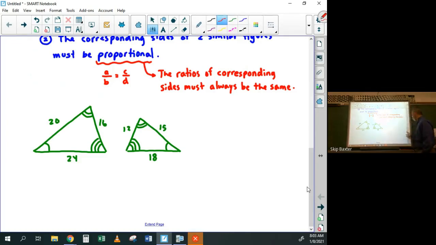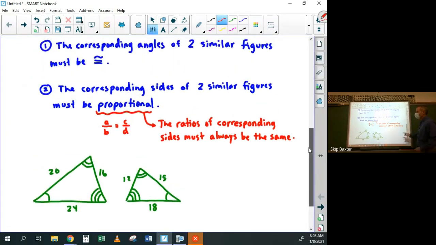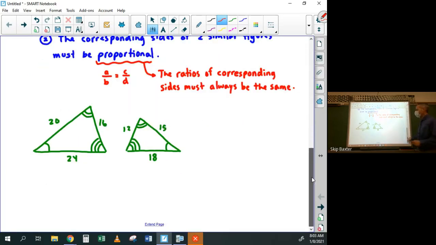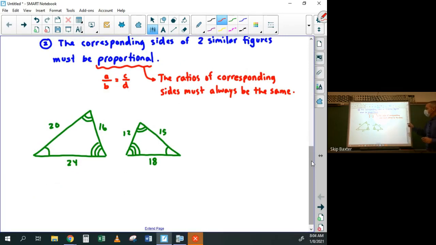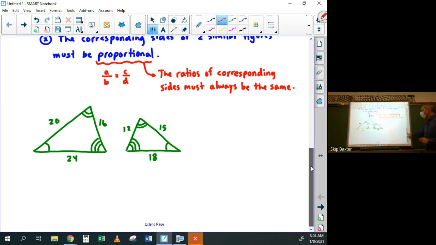Okay, if you look at the two things that have to be true in order for figures to be similar, the first thing is that the pairs of angles have to match up. That's definitely true here. You can tell by the markings, right? Angles definitely match up. We have three pairs of matching congruent angles. The second thing that has to be true is that the corresponding sides have to be proportional. So the first thing you need to figure out is which sides go together, which sides are the corresponding sides.